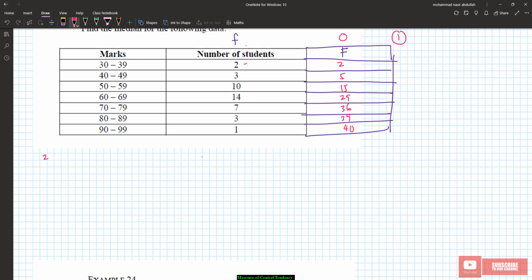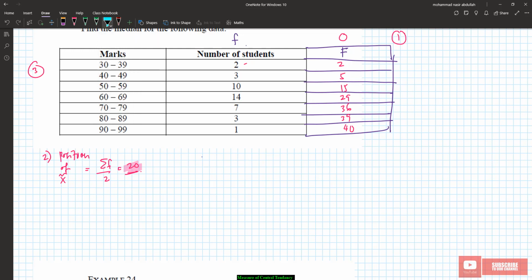Second step is we need to find the position of median. So summation of f divided by 2, this one is equal to 20, 40 divided by 2 is equal to 20. So step number 3, we need to find the median class, where the median class is the cumulative frequency equal to 20 or next greater than 20.